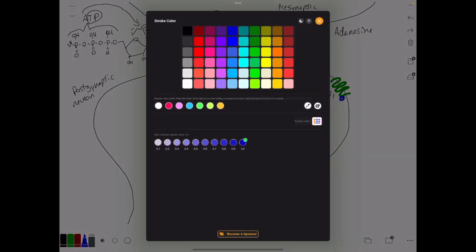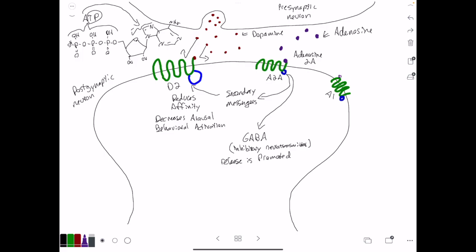So this is going to bind adenosine. And what this does, I'm not going to talk about the molecular cell signaling, but through secondary signaling, it manifests itself as it slows metabolic activity.